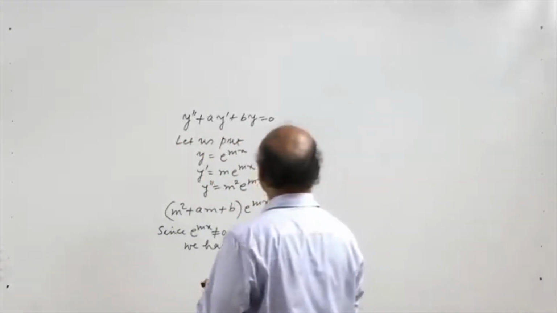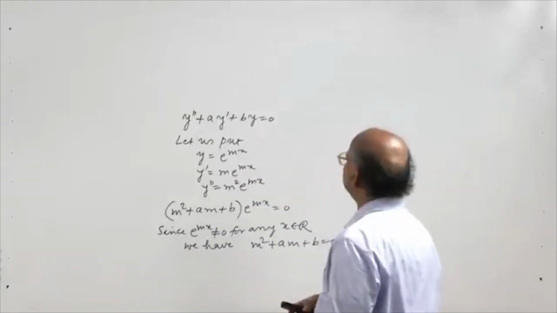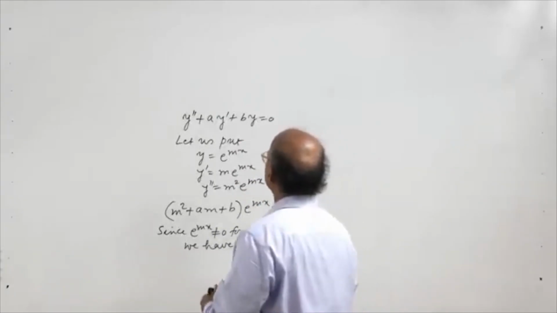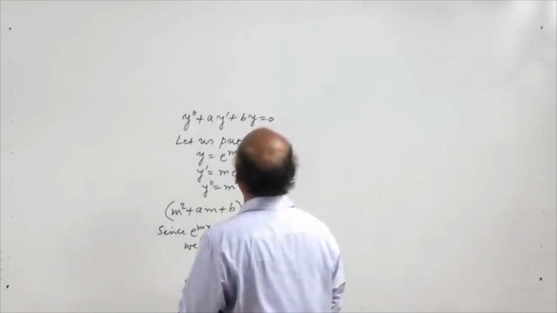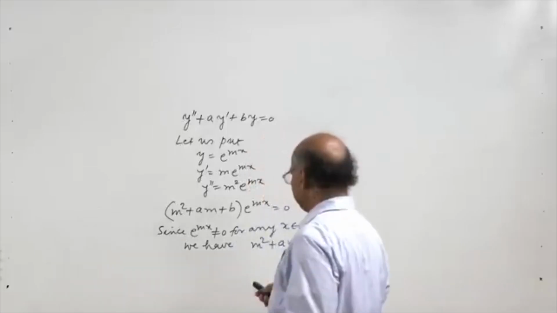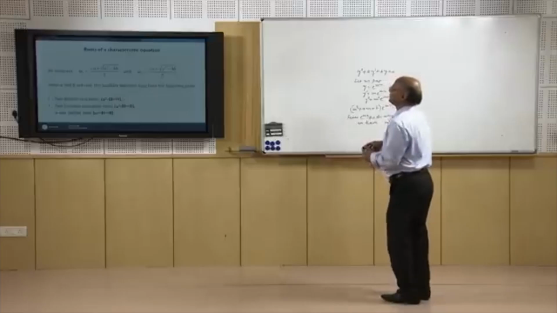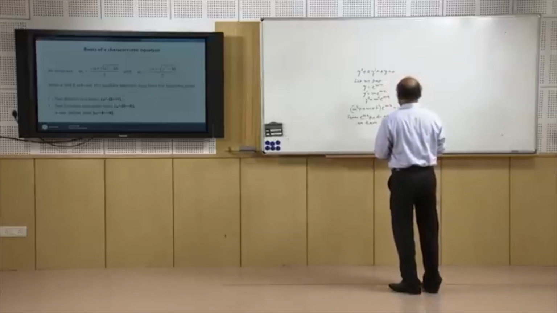This equation is called the characteristic equation or auxiliary equation. By obtaining the roots of this equation, say the roots are m1 and m2, we get solutions y equal to e to the power m1x and e to the power m2x of the given differential equation. Now there arise the following values of m1 and m2.